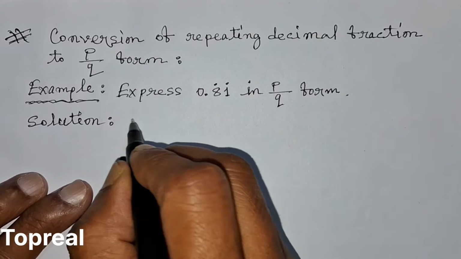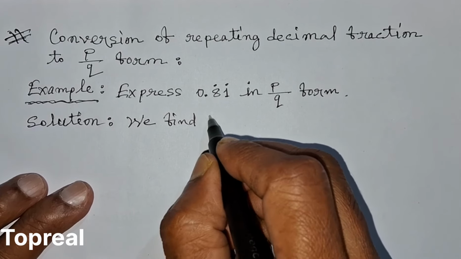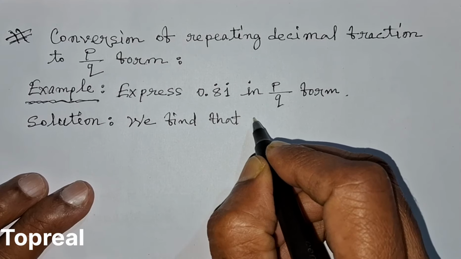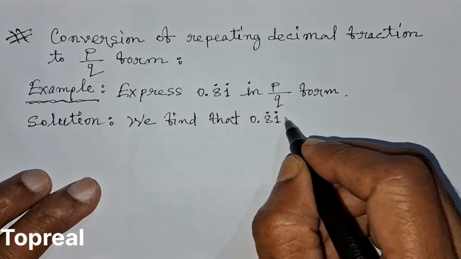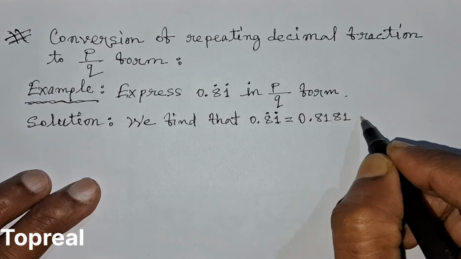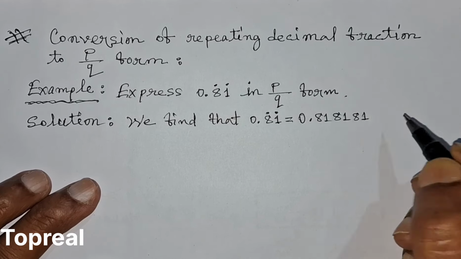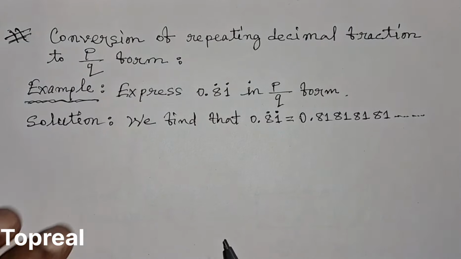We find that 0.81 repeating is equal to 0.81818181 and so on to infinity.